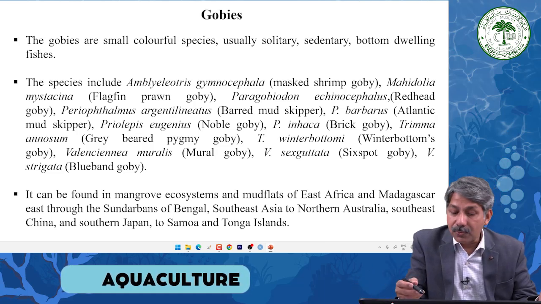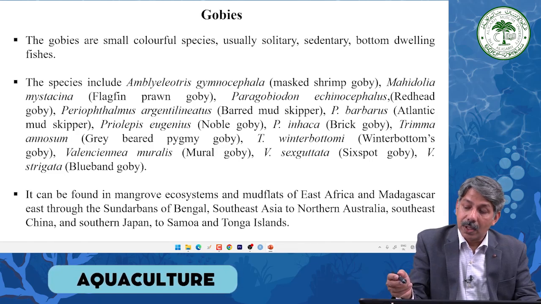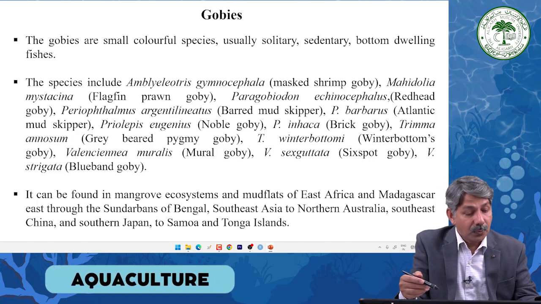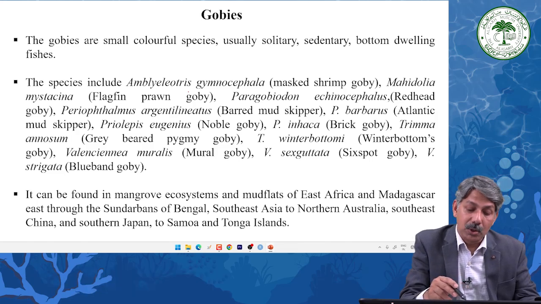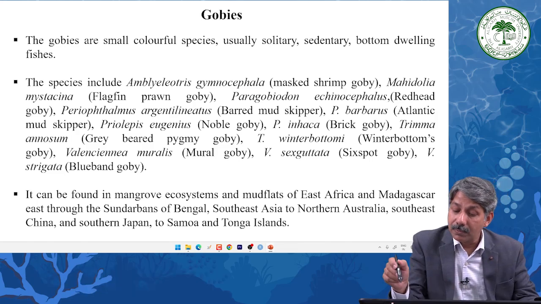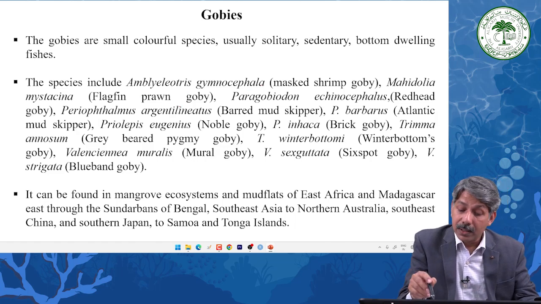Gobies are small, colorful species, usually solitary, sedentary, bottom-dwelling fishes. The species include Emblyleotris, Gymnocephala, masked shrimp goby. Then we have flagfin prawn goby. Then we have redhead goby. We have barred mud skipper.